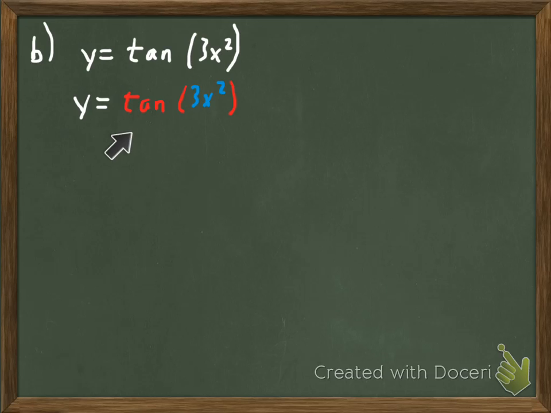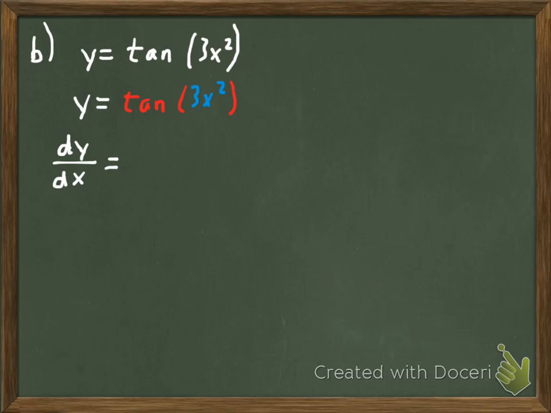The outer function, being what's in red here, is just the tangent of x, and then the inner function being 3x squared. And remember, the way that you find the derivative of a composition is by finding the derivative of the outer function first.